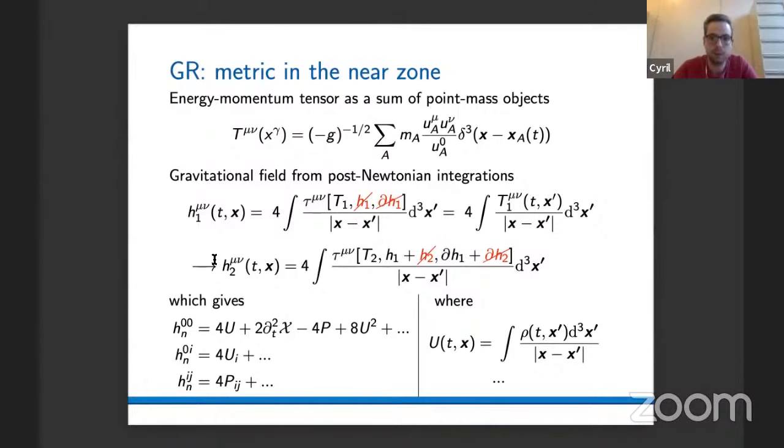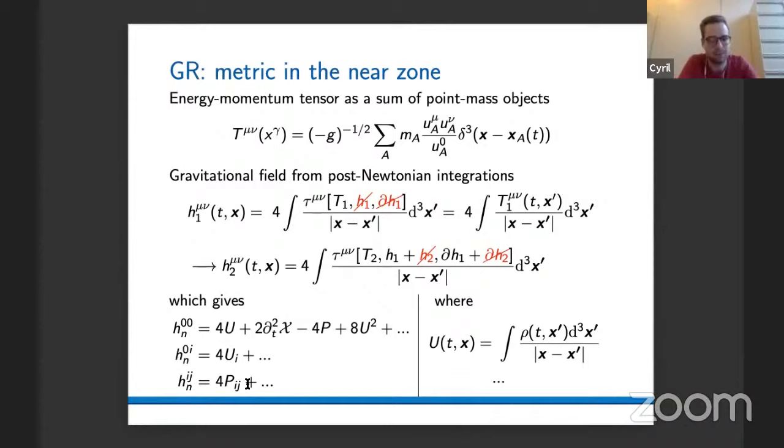And you get what is called the post-Minkowskian approximation of general relativity, where you describe each component of the gravitational field with different potentials. Here, typically you have the Newtonian potential, where it's the integral over the density, and the other potentials, like the derivative of x, p, u, I, pij, they're also potentials.